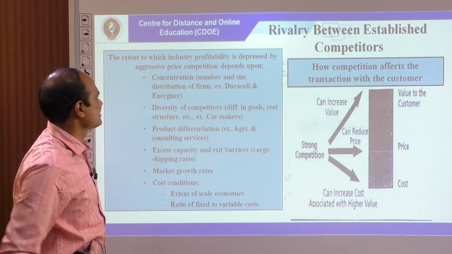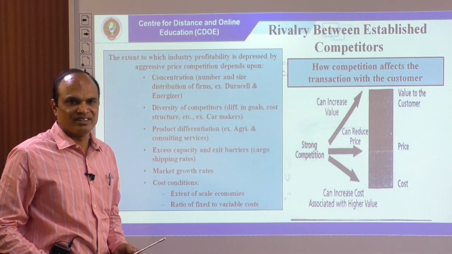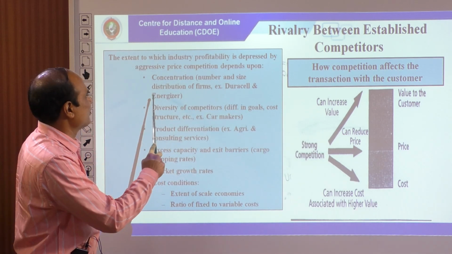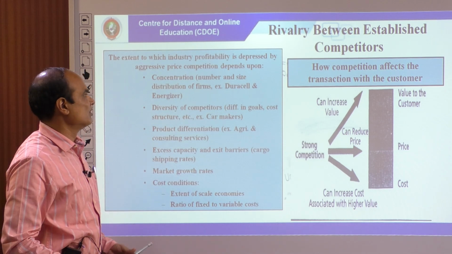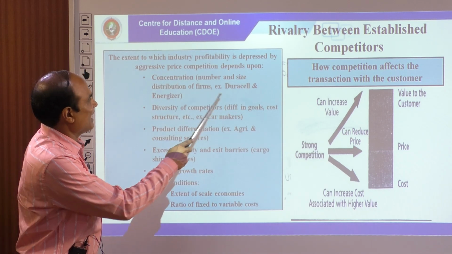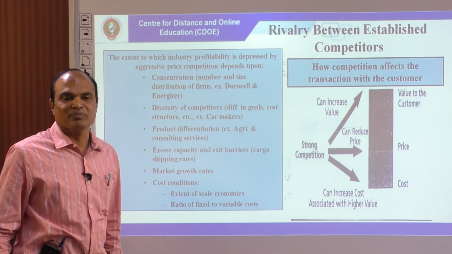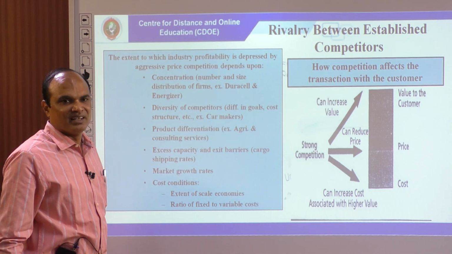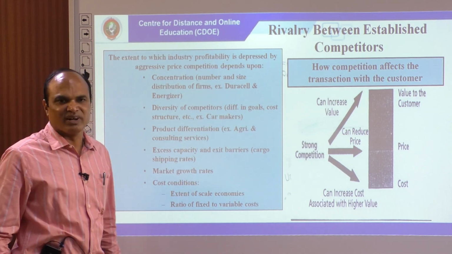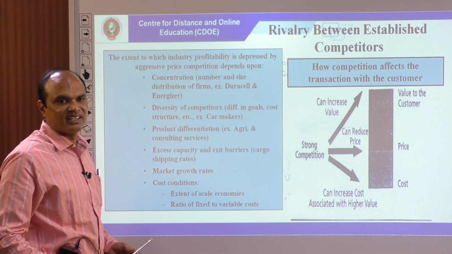Let us understand what this concentration is. It is the number and the size distribution of firms. Let us take high performance cells, where we have only two players, Duracell and Energizer.